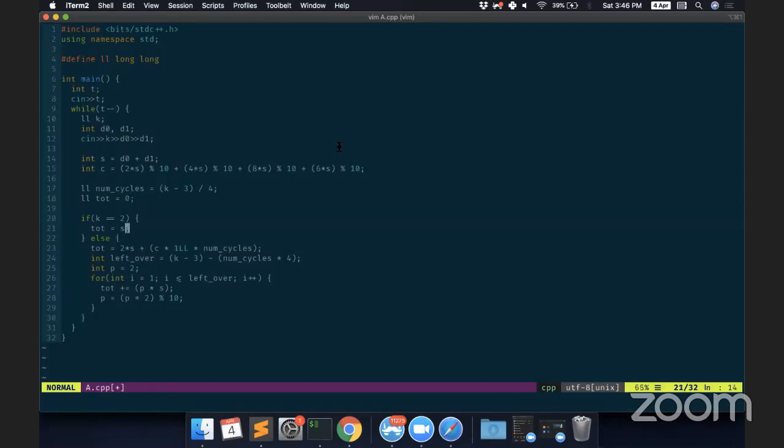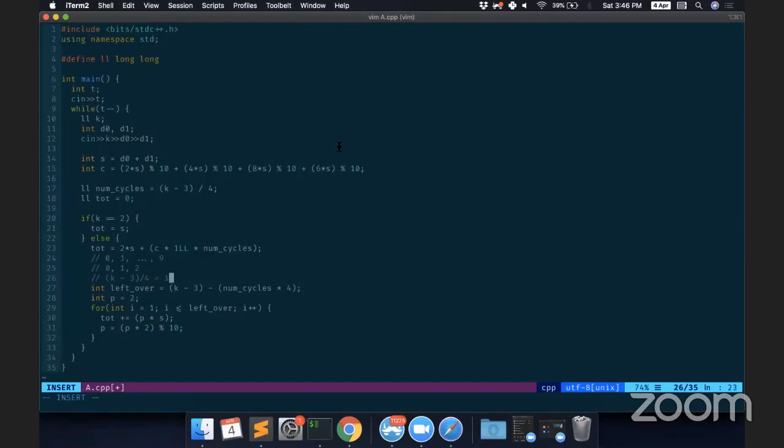If k is 2, we get s. If k is, let's say, 10, so we are trying to calculate d0, d1 up to d9, right? So the 2s contributes 0, 1, and 2. Then number of cycles will be the floor of k minus 3 by 4. So it will be 10 minus 3, 7, 7 divided by 4, 1, right? So that will be the number of cycles, and c will be some constant, we don't care.